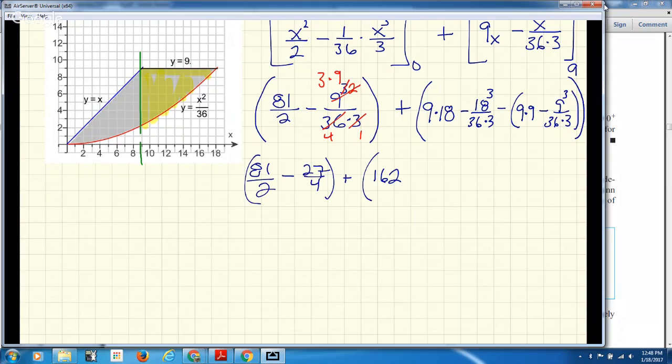18 cubed. Let's see, 18 times 2 is 36. So I can get rid of 1 of the powers there. And then 3 goes into one of those other 18s 6 times. So I can get rid of that 3.